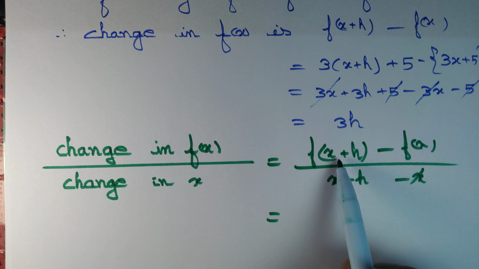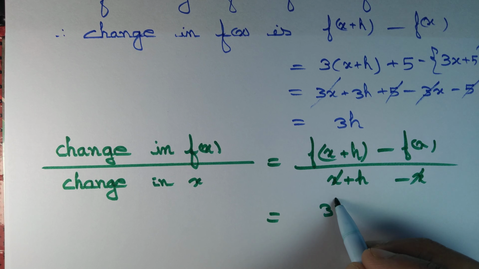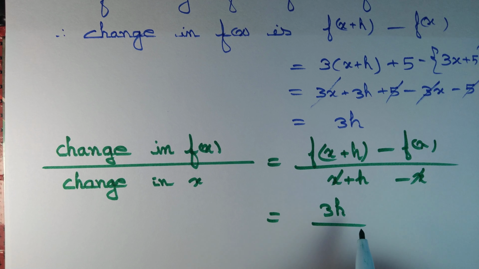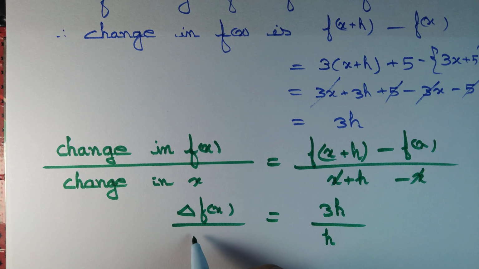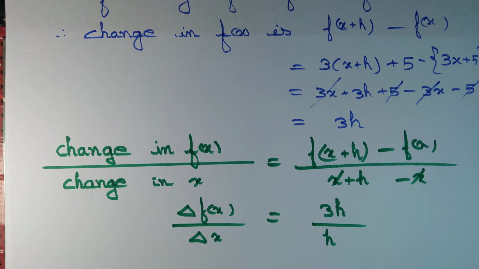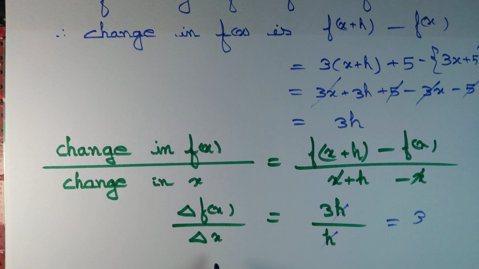Now f(x plus h) minus f(x), we have computed to be equal to 3h, and the denominator is simply h. Let's write change in f(x) as delta f(x) and change in x as delta x. We can cancel h out if h is not equal to 0, and you see that change in f(x) by change in x is simply equal to 3.